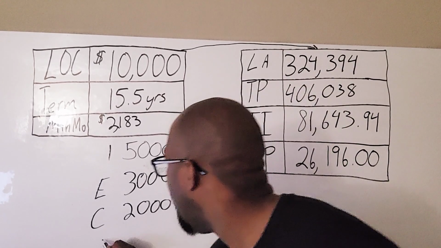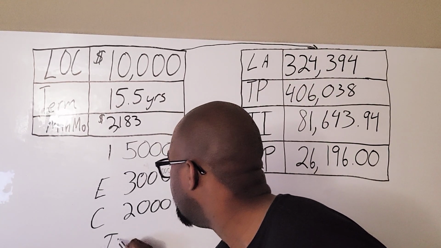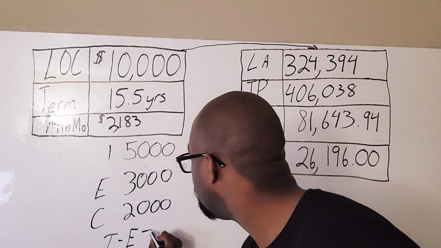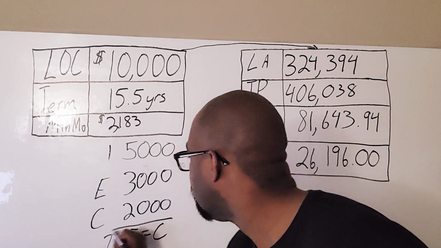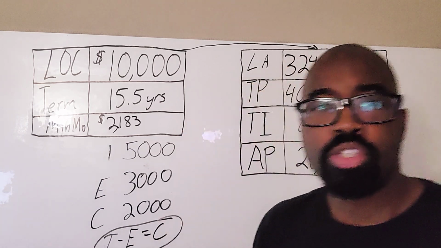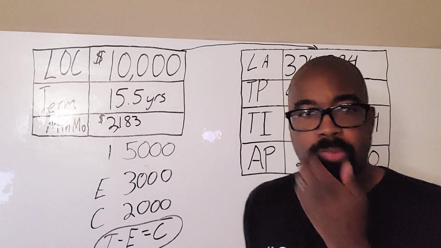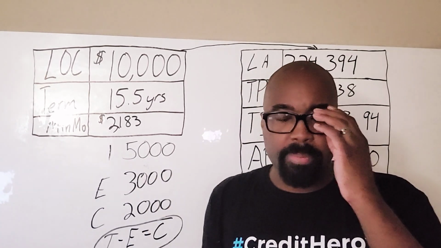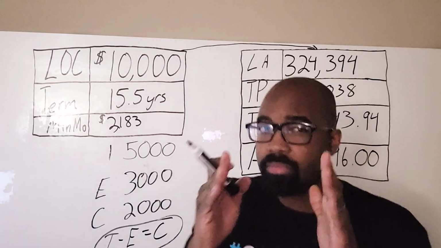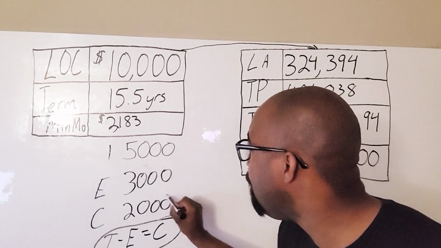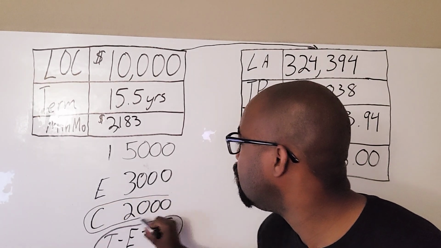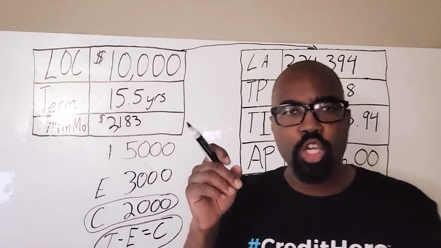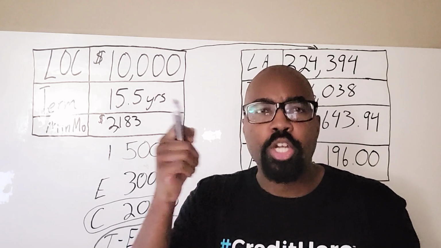So I minus E, I know algebra, equals C. So you'll want to remember that equation, because you're going to be using that throughout the velocity banking time. Now, it is this number, the cash flow, that is paying off your line of credit.